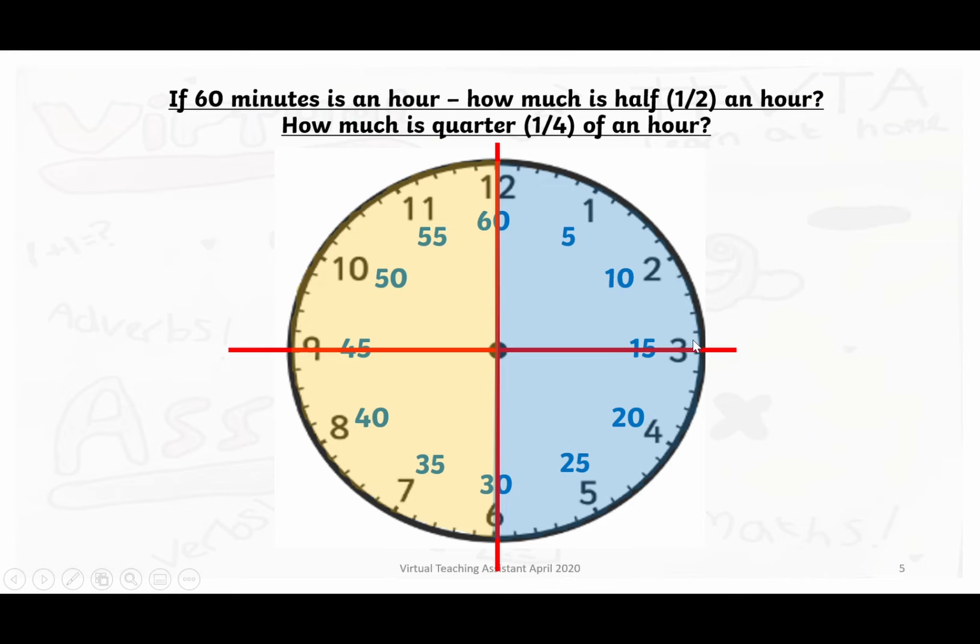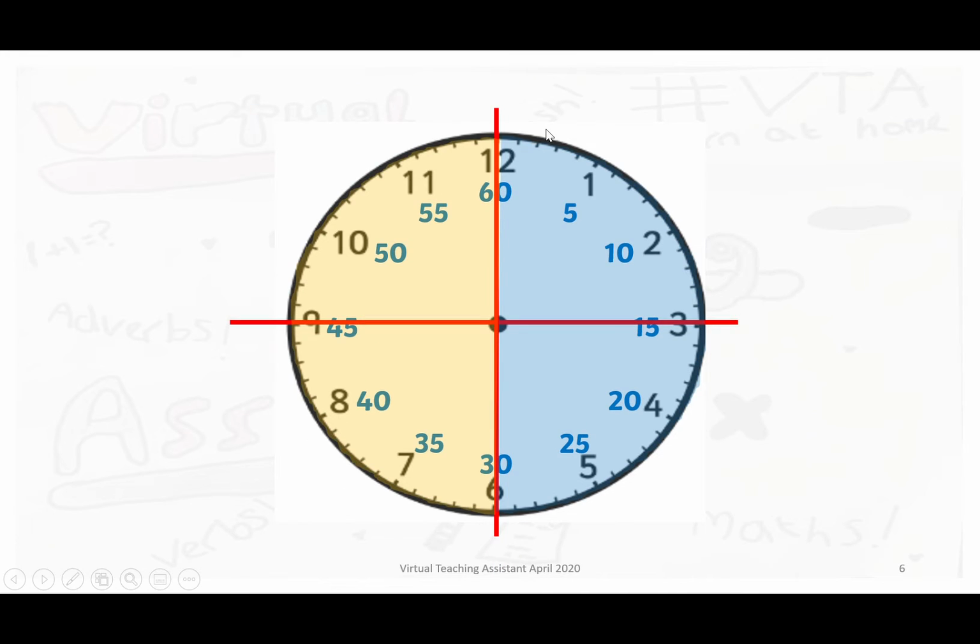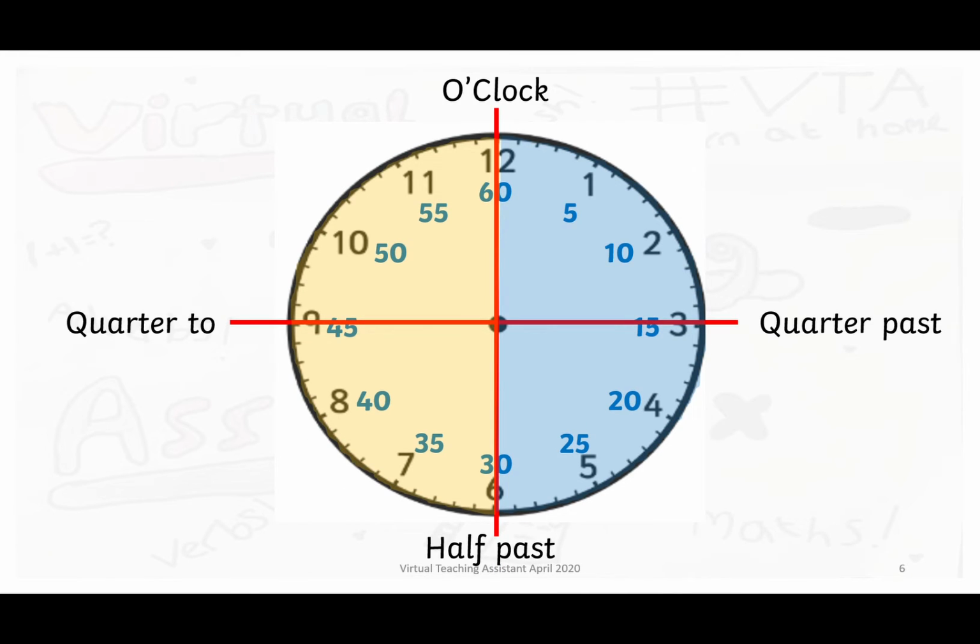So 15 minutes is quarter of an hour. Now the reason that's important is because sometimes you'll hear people say things like quarter past, quarter to, half past. Or if they're talking about when the big hand is up at 12, they'll say o'clock. Here we go. O'clock, quarter past, half past, quarter to. It's just easier than saying 15 past, 30 past, or 15 to.